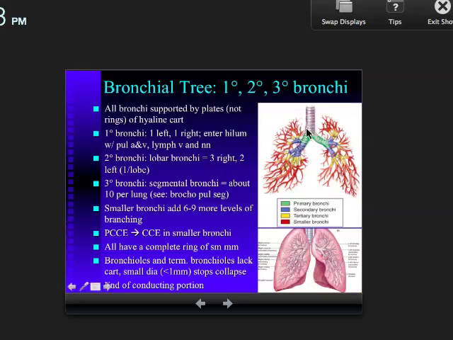So this is the right side. The blue, there's only 2, and then on the other side there's 3. That's not so easy to see. Here's 1, 2, 3.